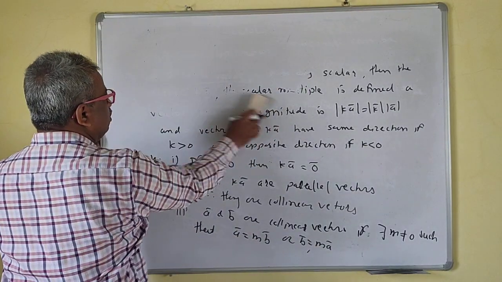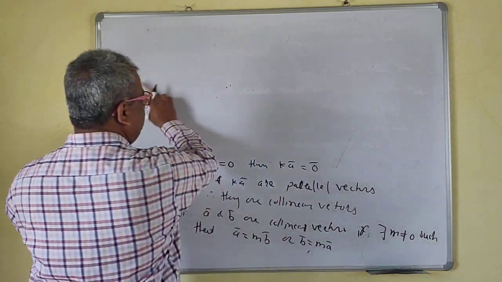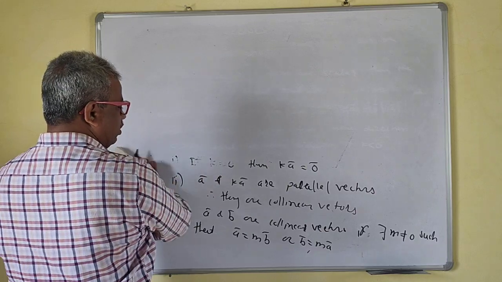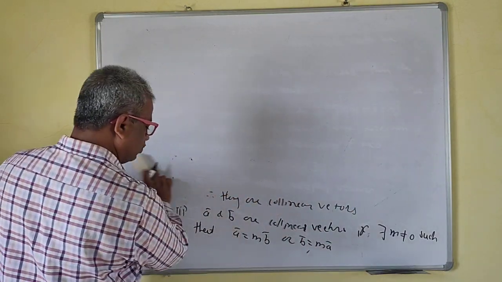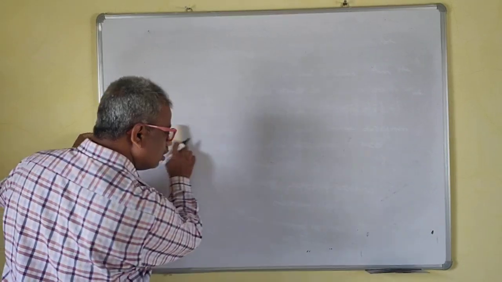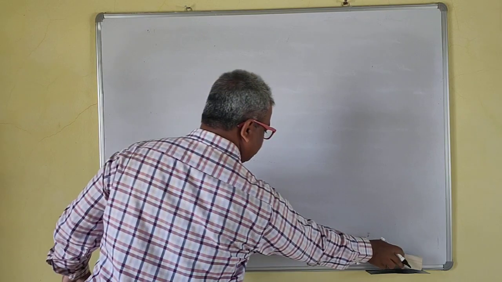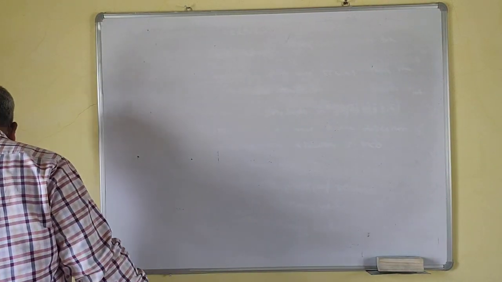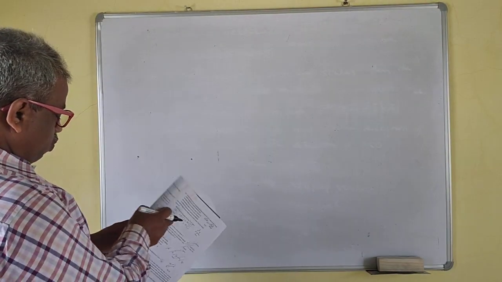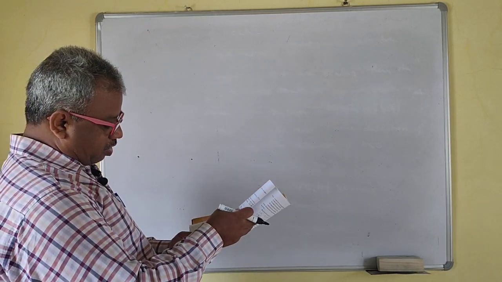So collinear means, if they lie on the same line, or they have the same magnitude and same direction, they are collinear vectors, right? Collinear vectors means the vectors are parallel to the same line.